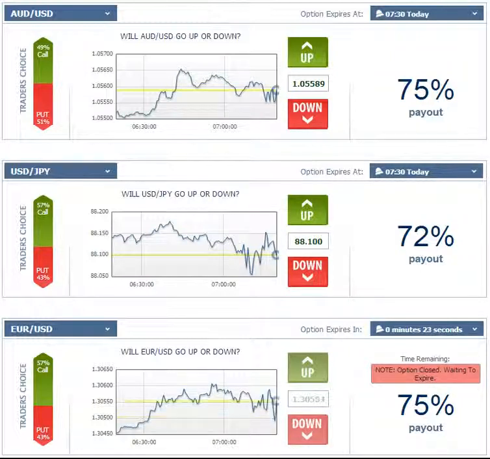Just want to point out that the option at the very bottom, euro to the US dollar, is set to expire in just about 15 seconds from now.